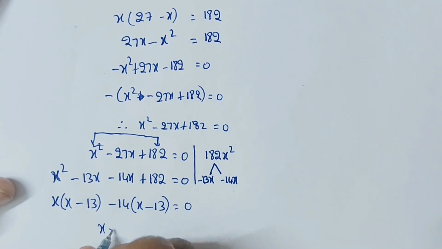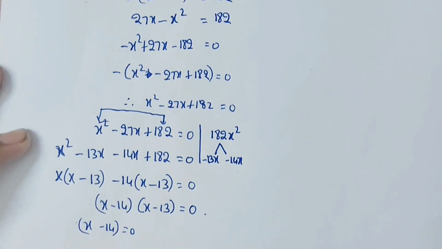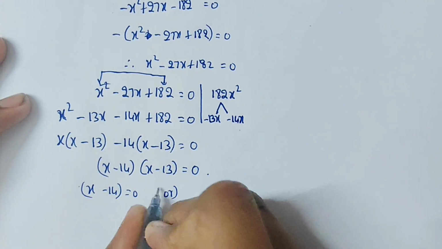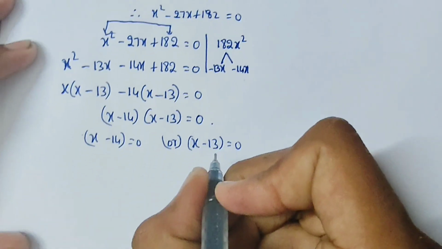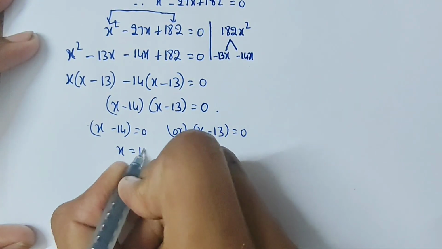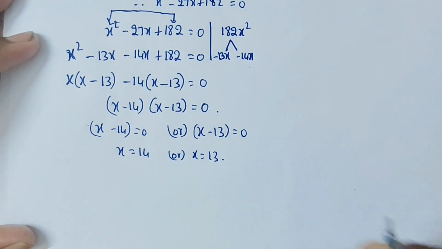Hence we got x minus 14 into x minus 13 equals 0. So x minus 14 equals 0 or x minus 13 equals 0. Then x equals 14 or x equals 13.